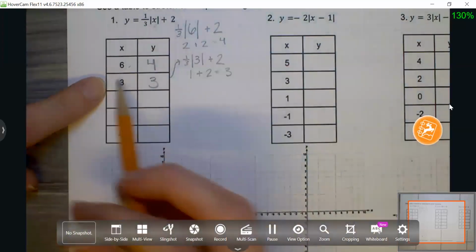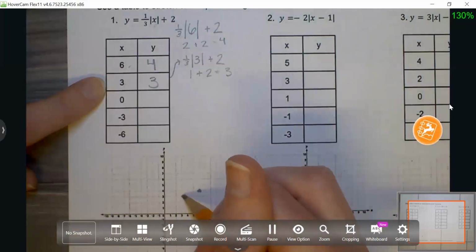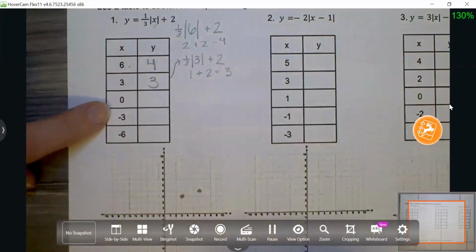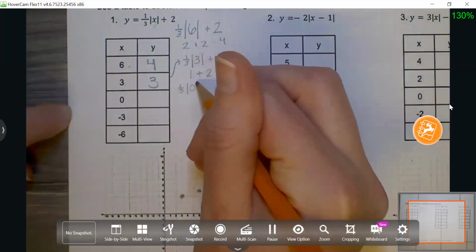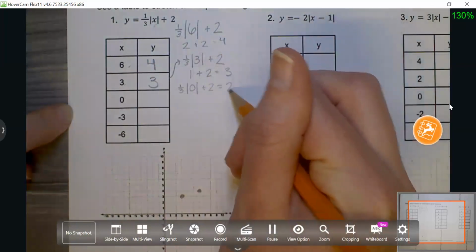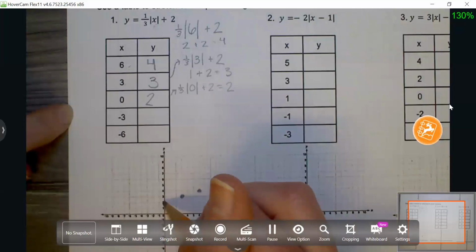And so the next point I'm going to plot is at 3, 3. Next one is 0. 1/3 times 0 is just 0. And so when I add 2 to it, I get 2. So 0, 2.